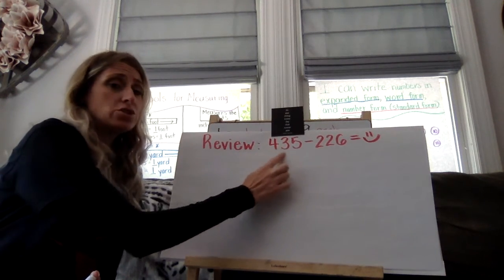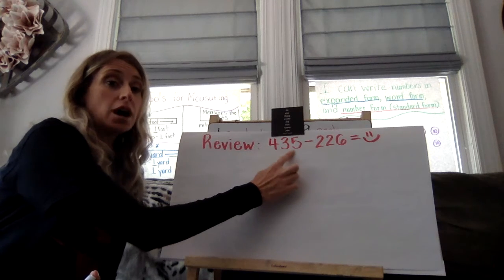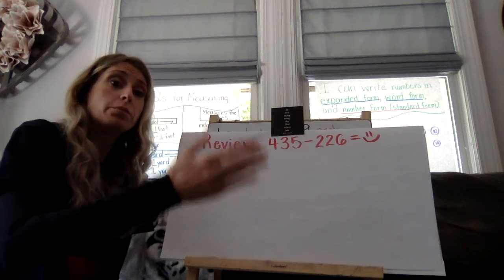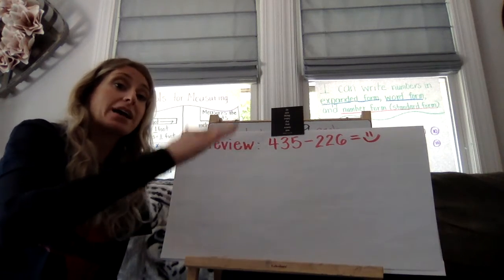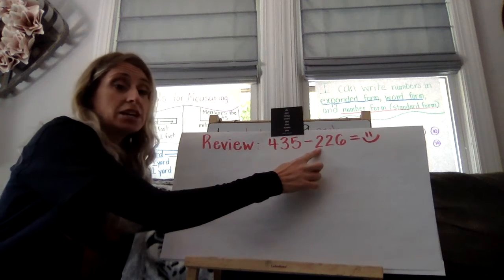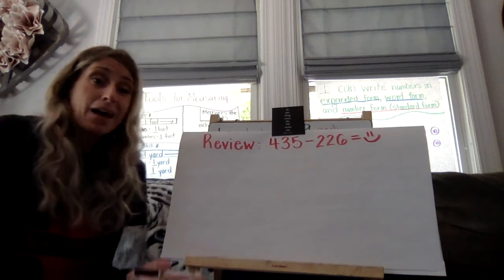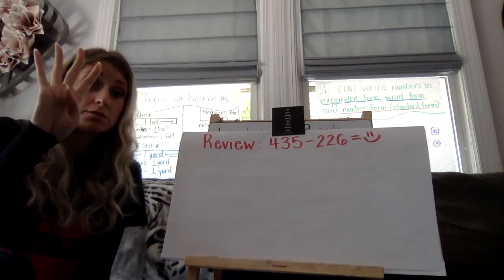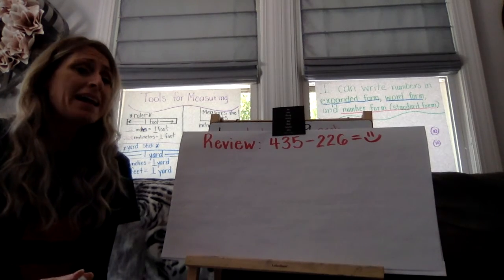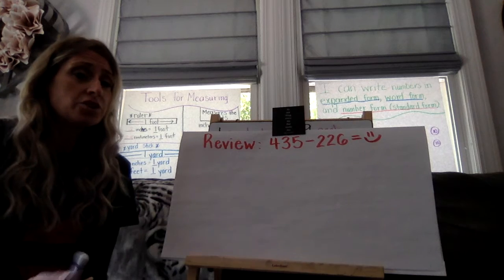So I'm going to estimate this number as 400. 226 is also below 250, so I'm going to round that down to 200. So if I have 400 take away 200, I'm going to have 200 because 4 take away 2 is 2, so 200. So my answer should be within 100 of 200.